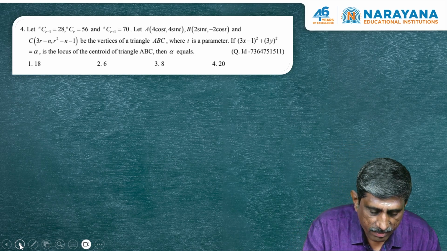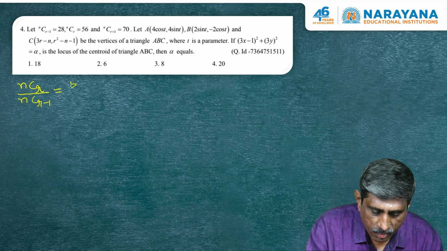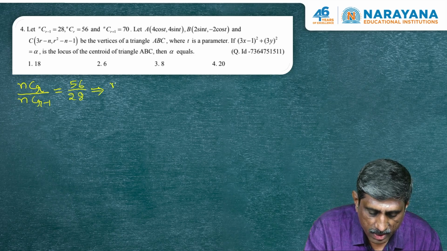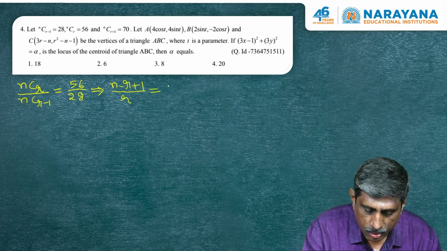When we simplify, nCr divided by nC(r-1) is 56 divided by 28. We know nCr by nC(r-1) is (n minus r plus 1) divided by r, which is equal to 2.